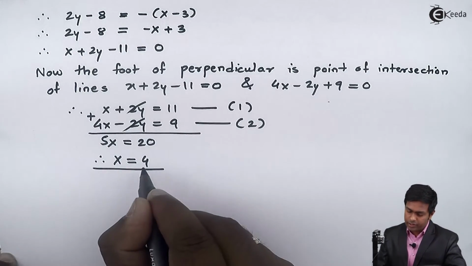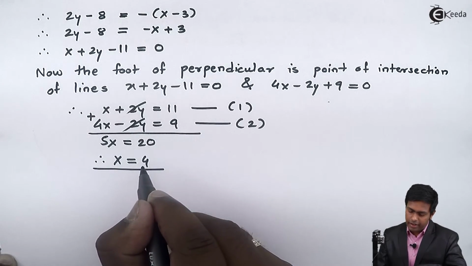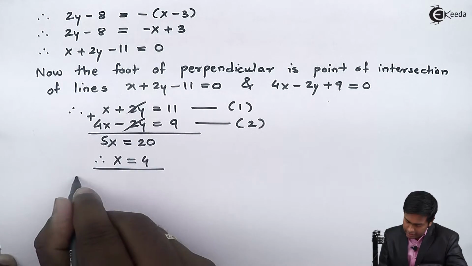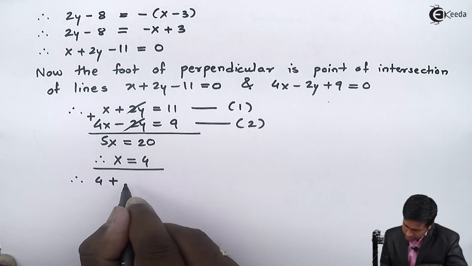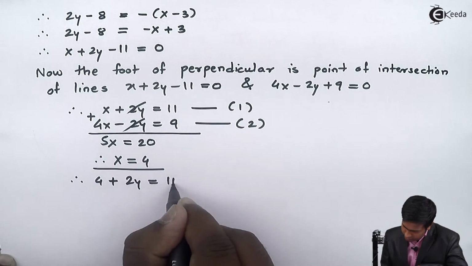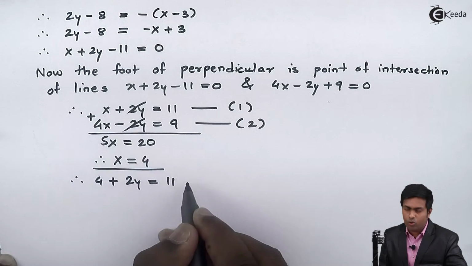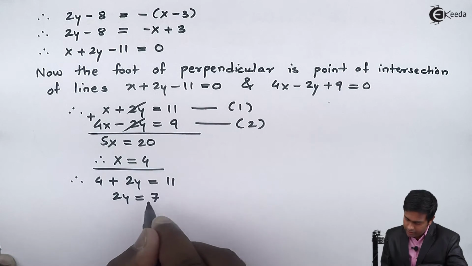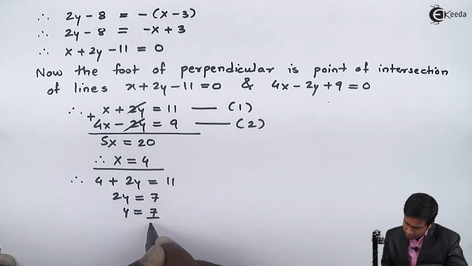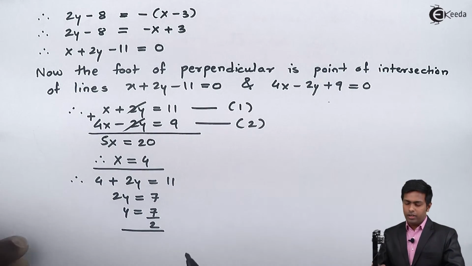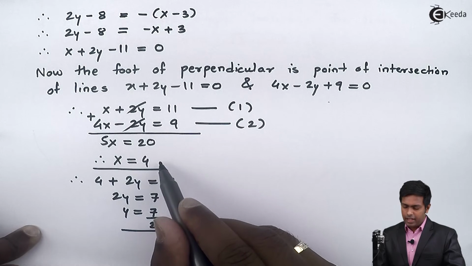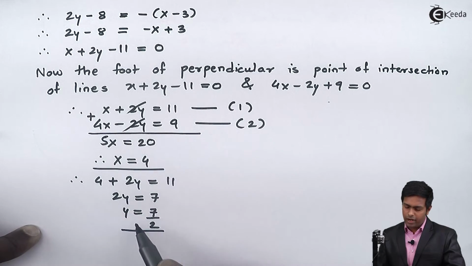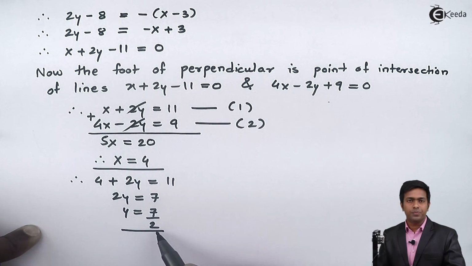By substituting this value of x in equation number 1, we get 4 plus 2y equal to 11. This 4 will go to the other side. We get 2y equal to 11 minus 4, that is 7, and y is equal to 7 upon 2. So we got the value of x as 4 and the value of y as 7 by 2.